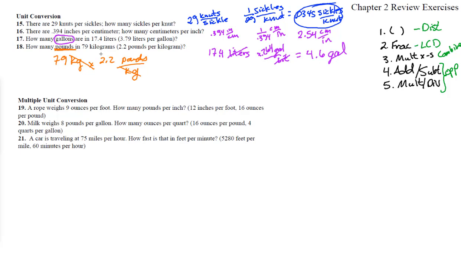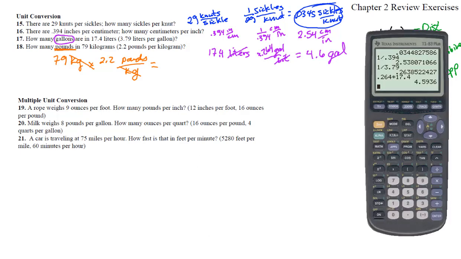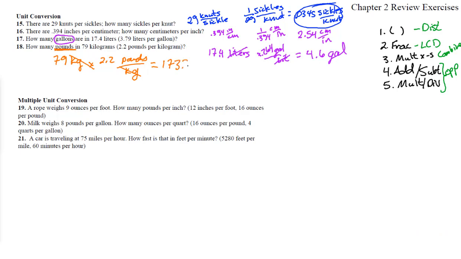So this is nice. 17 was a little bit tough because we had to switch this around like we did on 15 and 16. 79 times 2.2, and there we have it, 173.8 pounds.